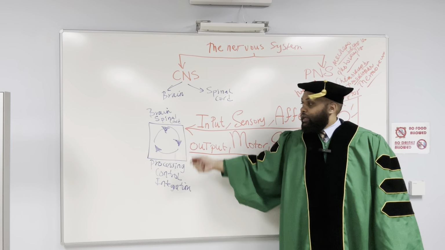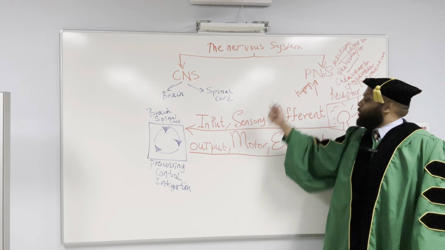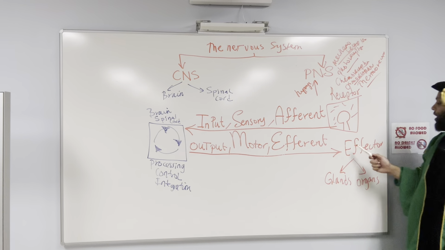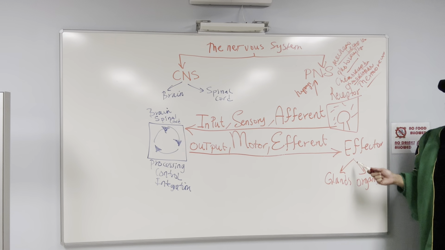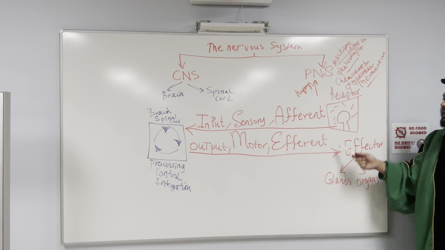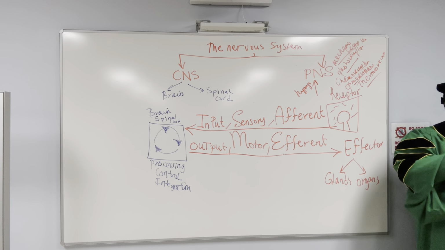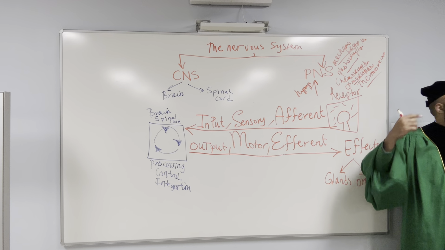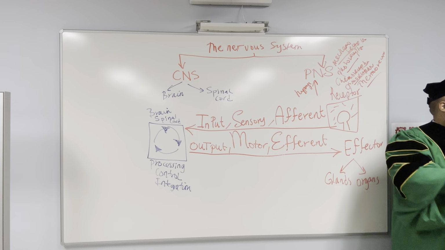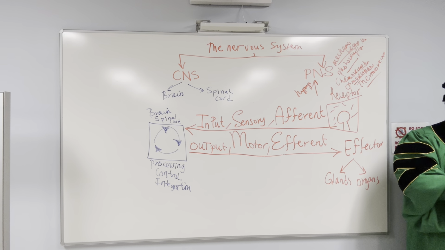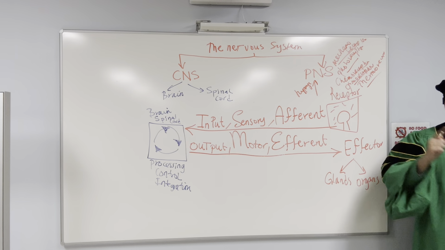The brain. The brain is going to send an output motor efferent response to the pancreas, the effector, which is a gland. The pancreas is going to solve the problem. You call, there's a criminal, you call the police, the center will tell the police, and the police will go and arrest the criminal.